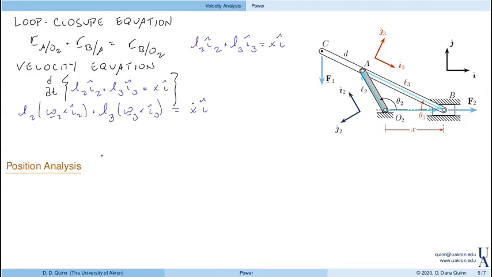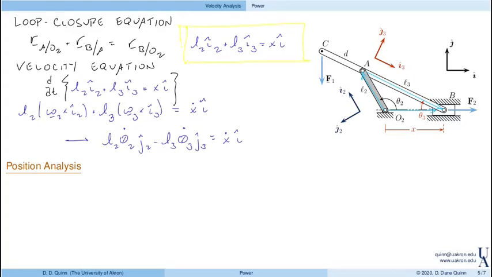So maybe if you want to, you can pause this, work these cross products out, and what you'll find is that the velocity equations are L2 theta 2 dot in the J2 direction minus L3 theta 3 dot in the J3 direction equals x dot in the I direction.